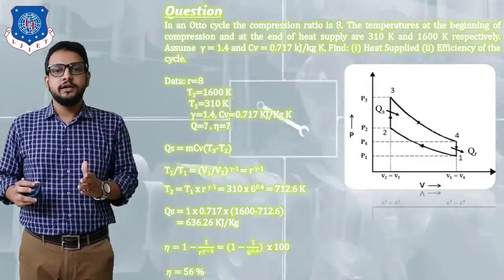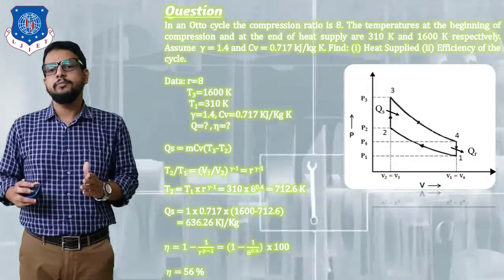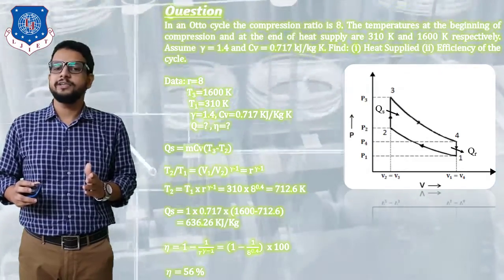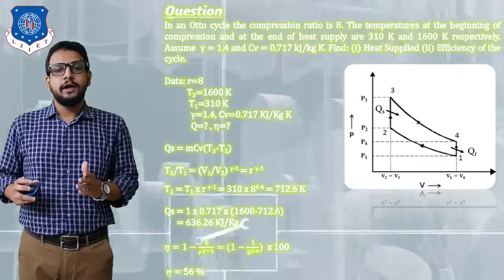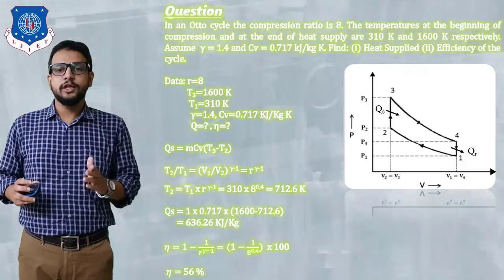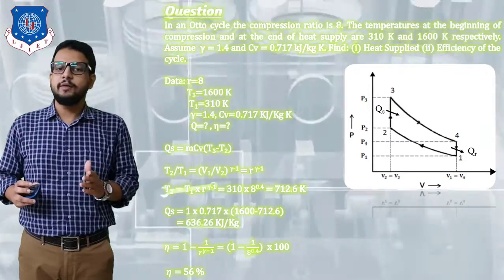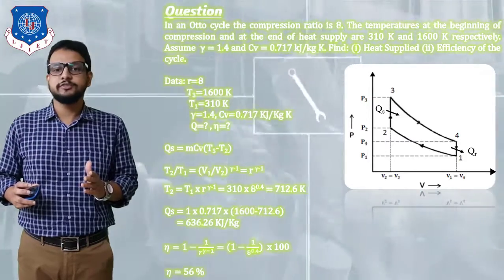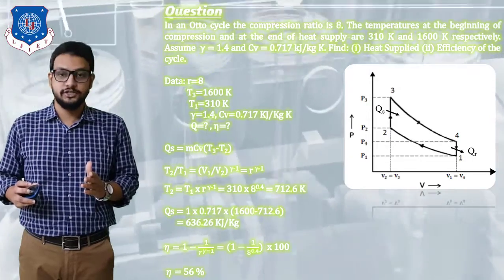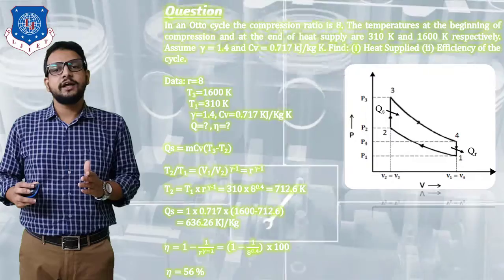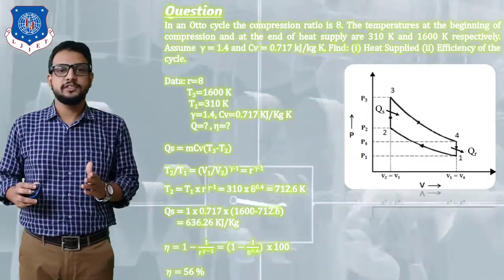Eta is equal to 1 minus 1 upon r raised to gamma minus 1. Again, a direct application of a formula, and in this equation r and gamma are known, so we can directly substitute these values and determine eta, which comes to 56%. So this is the final answer for the efficiency of this cycle.